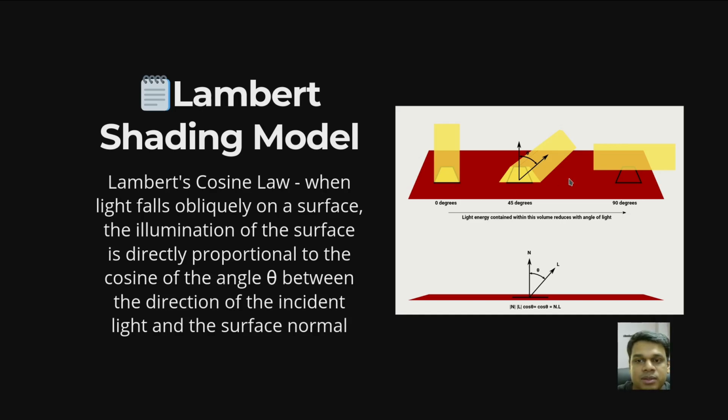So this is the 0 degree situation, and you can see that if we draw a similar square on the surface, all of the light energy is falling on that square. This means the entire light energy is perfectly falling on the square. The next figure on the right is the 45 degree scenario.